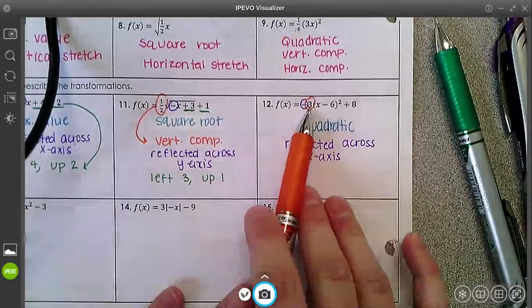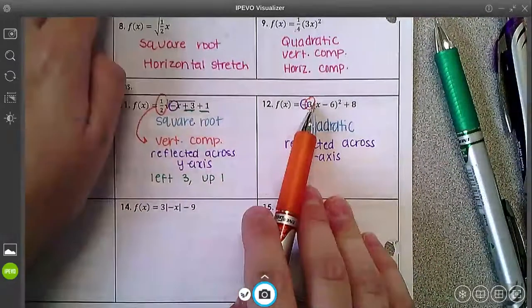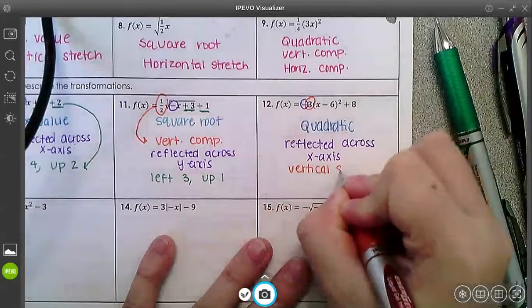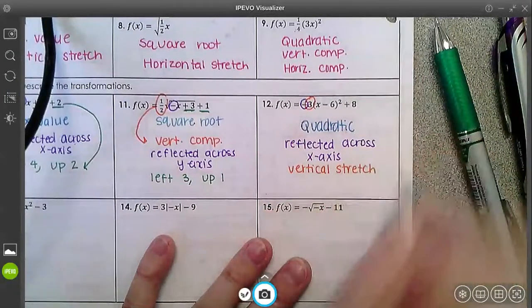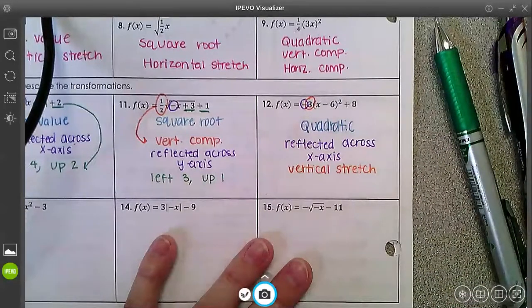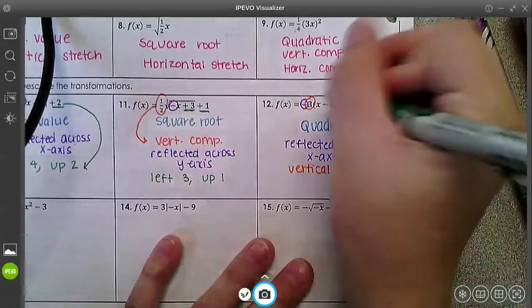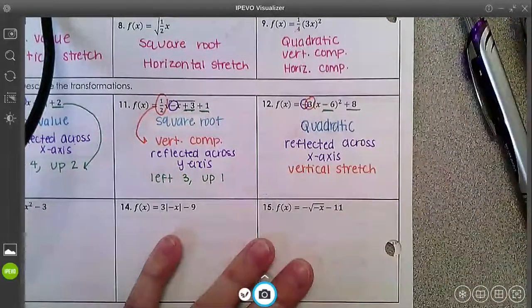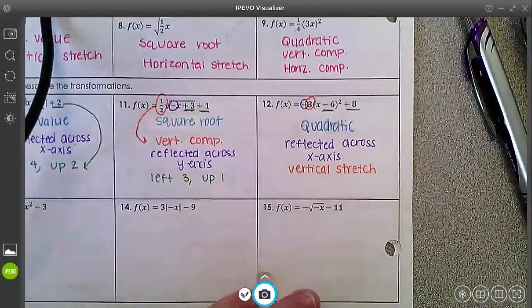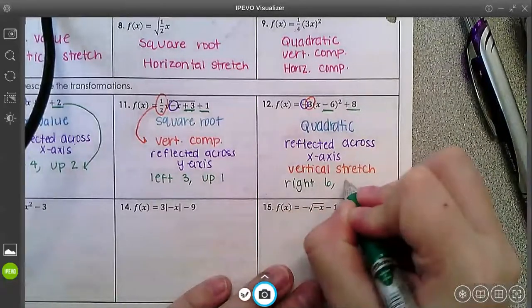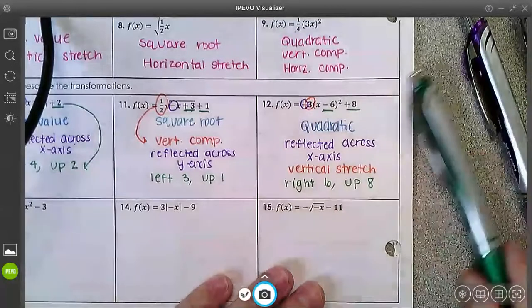So that's a number greater than 1 outside, which is going to be a vertical stretch. And then -6 plus 8, that's going to be right 6, up 8.